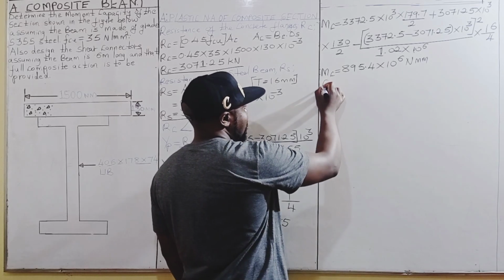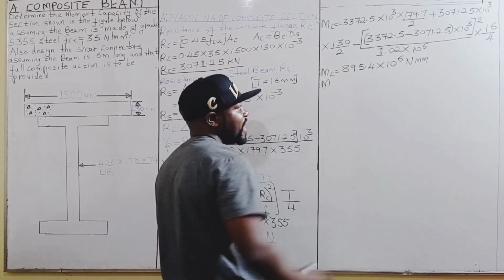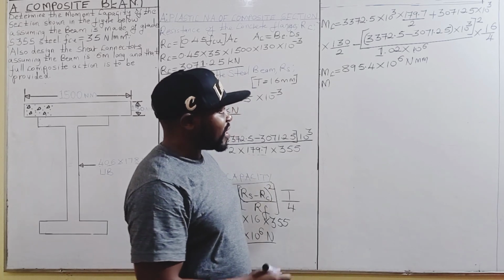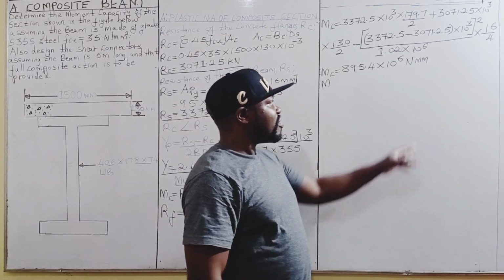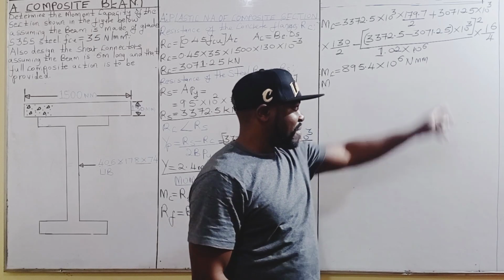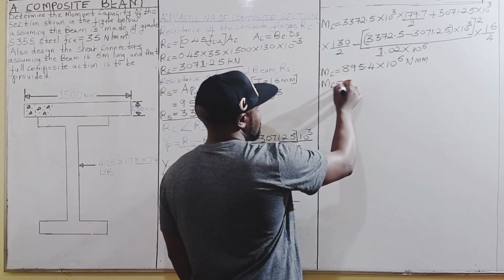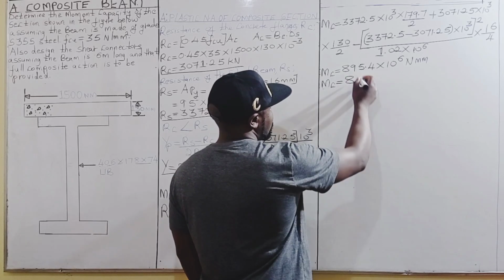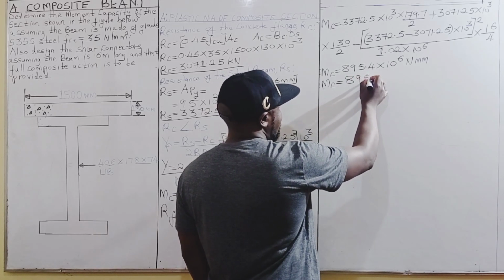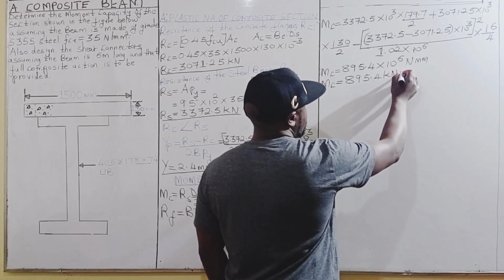We can convert it to kilonewton meter by dividing it by a million, since 1 kilonewton is equivalent to 1,000 newtons, 1 meter is equivalent to 1,000 millimeters, making 1 million. Therefore, the moment capacity of this section will be 895.4 kilonewton meters.